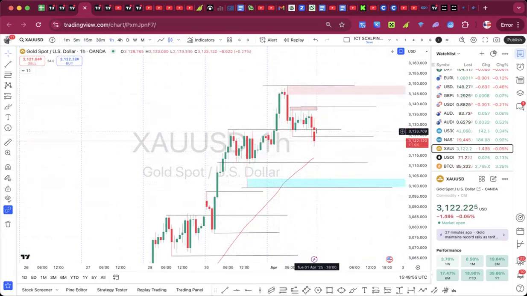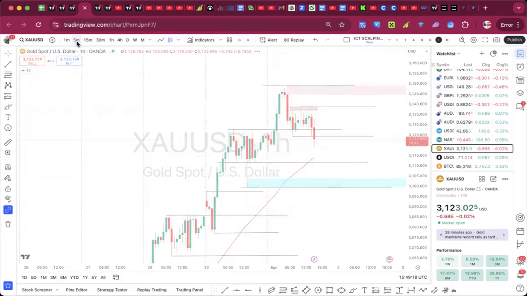Now, as this one forms a low, 1, 2, this one is still a running trade. So you can be looking at this guy to come back to this point, which is at a demand zone, 3,099 or 3,000. So let's quickly go to 5 minutes.